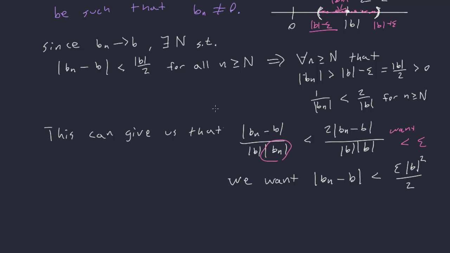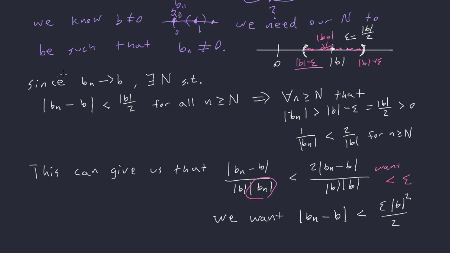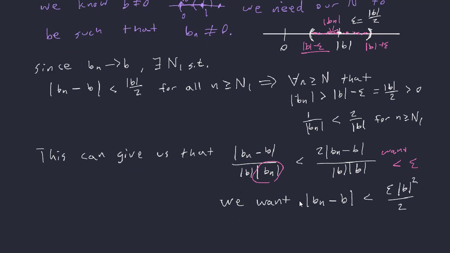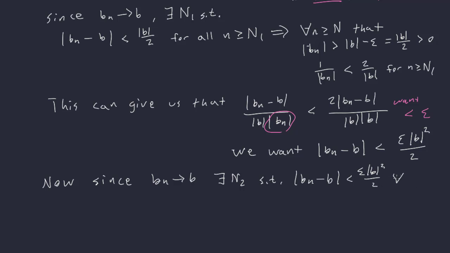What I'm going to do is call this guy N1. I should have done that to begin with. Now, since bn converges to b, there exists an N2 such that the absolute value of bn minus b is less than this epsilon times b squared over 2 for all n greater than or equal to N2.